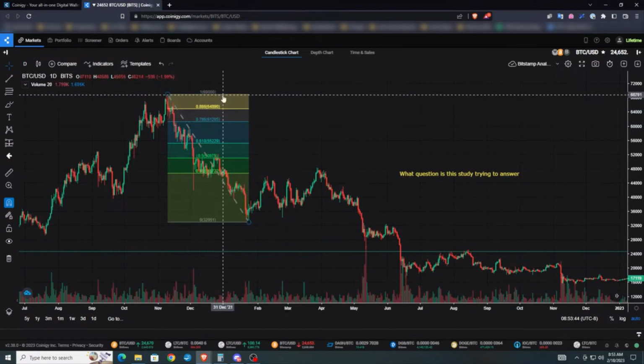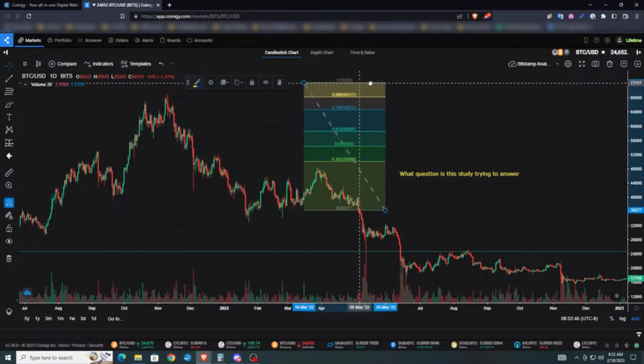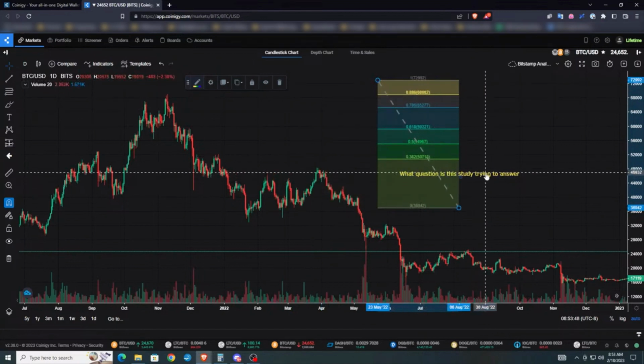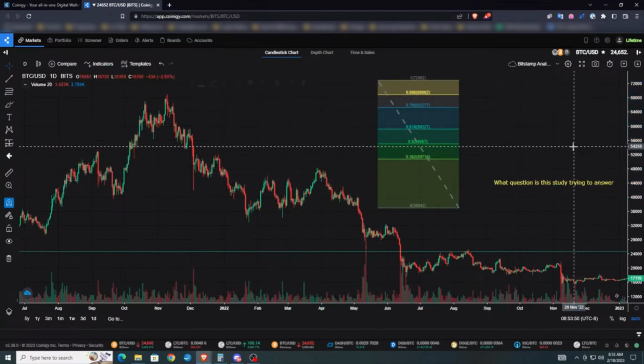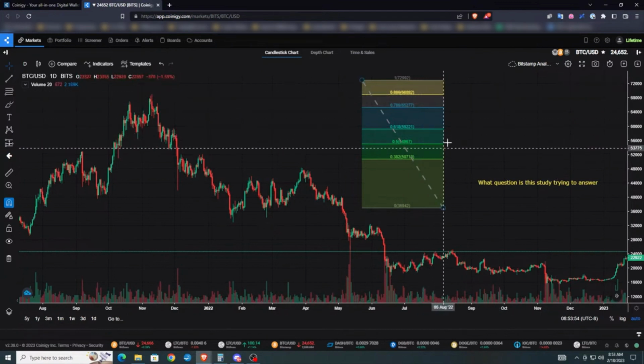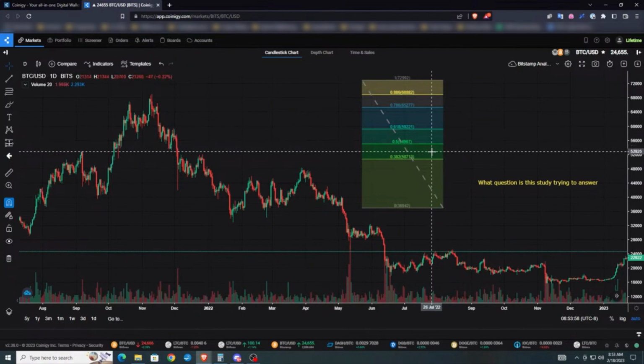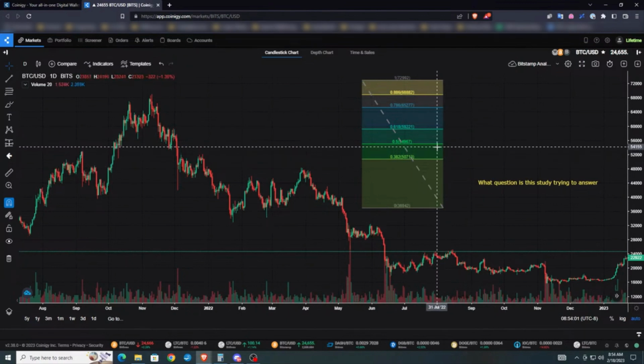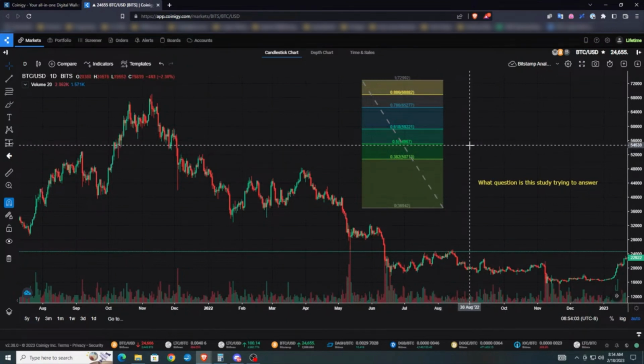You notice the levels that I have on my retracement study. Every technician is obviously unique, but these are sort of commonly accepted levels to trade with. These are the levels that I like to use and find the most relevant, and if we go through a few examples, I think you'll understand why.